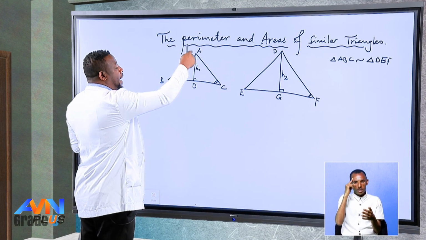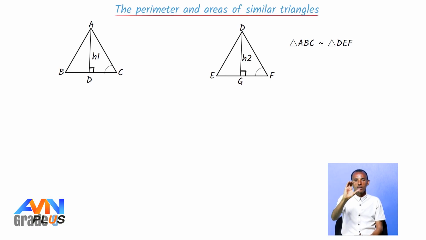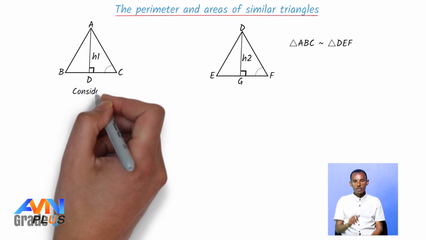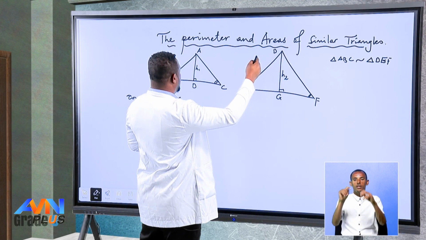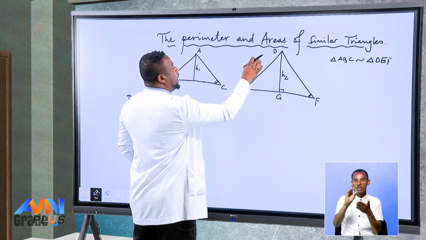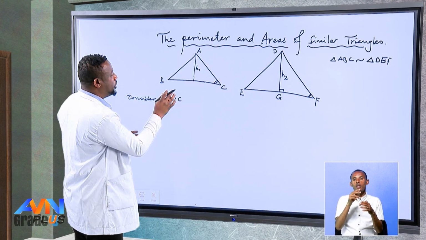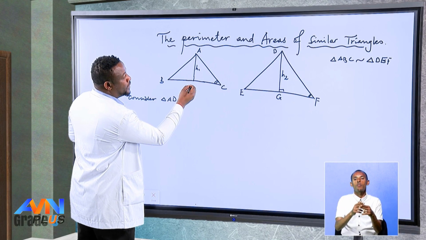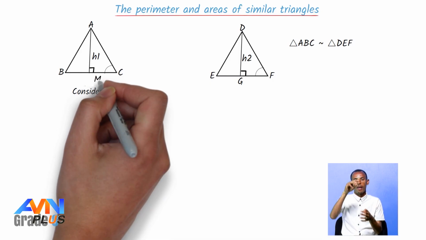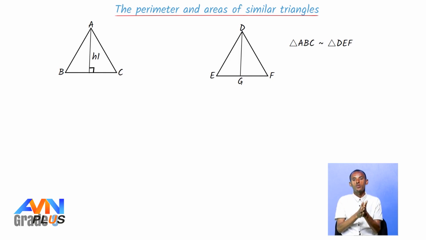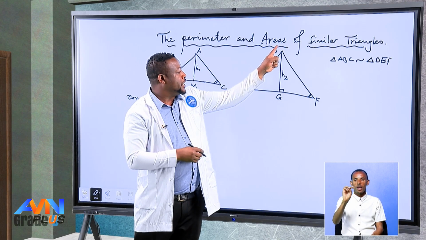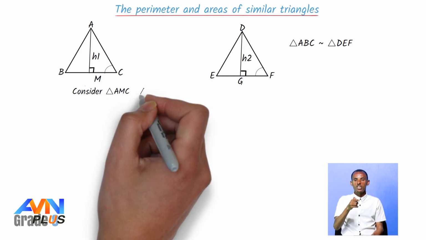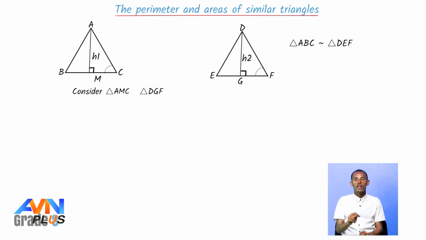Consider triangle ADC and, to avoid similar notation, let me change this point to a certain point, say M. Now consider triangle AMC and DGF.